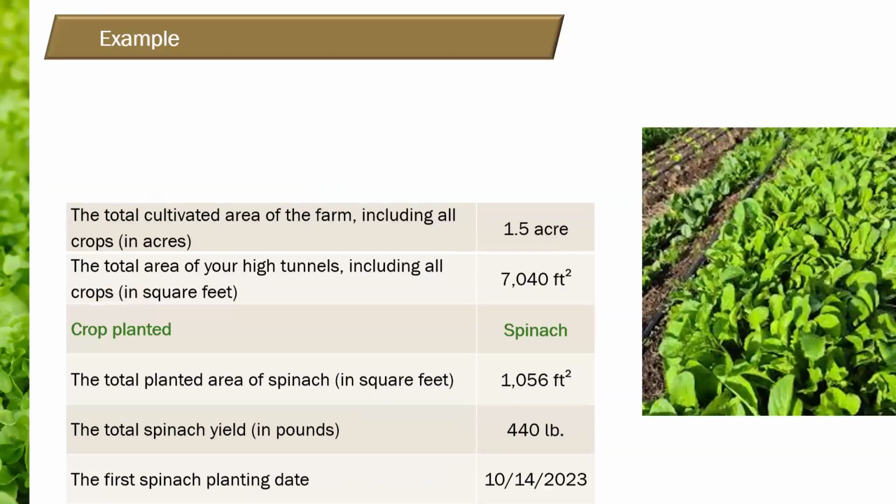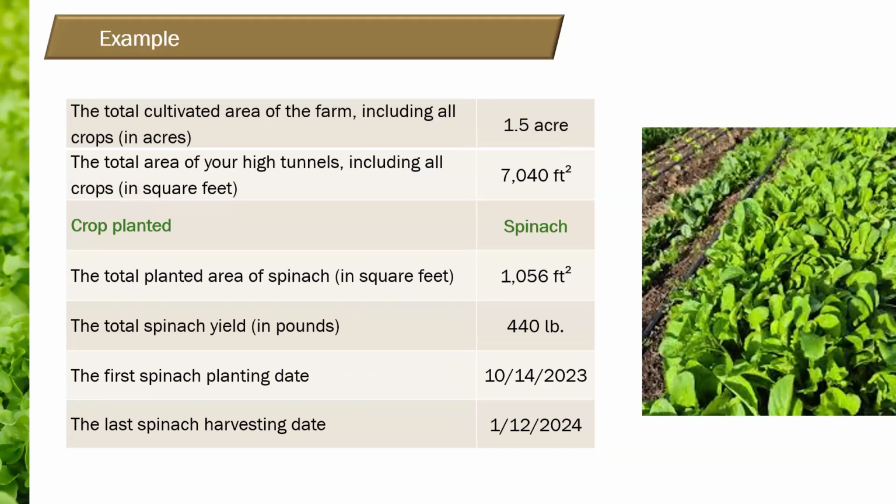So let's consider this urban farm located in central Indiana with an area of 1.5 acres. So this farm has high tunnels covering 7,040 square feet. So we'll focus on spinach production that during the 2023 winter-spring cycle had a planted area of 1,056 square feet.